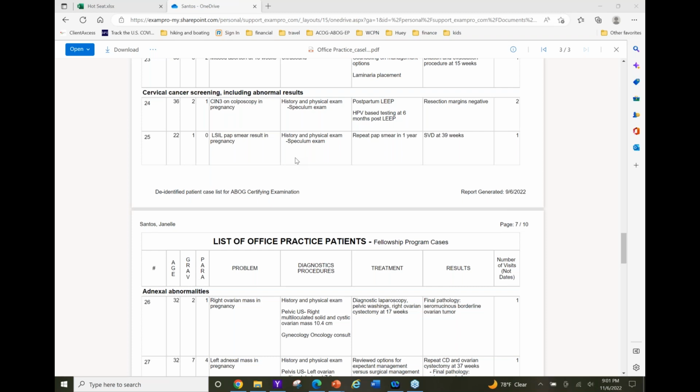I understood. Absolutely. Okay. So I think the reason I asked you about this case, first of all, looking at your list, it's obvious that your practice is OB centric, which is unavoidable. But the point I wanted to make for you and for everybody else listening is that there's a lot of anxiety about what kind of questions they are going to ask about pap smears, cervical cancer screening, and cervical cancer screening results.